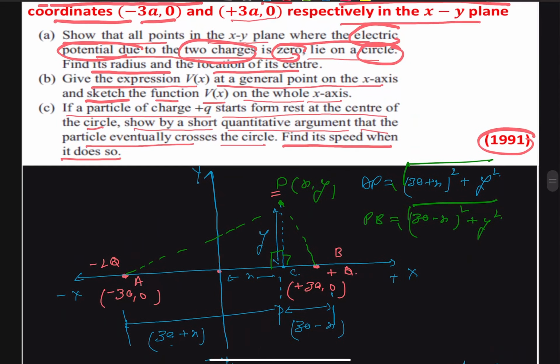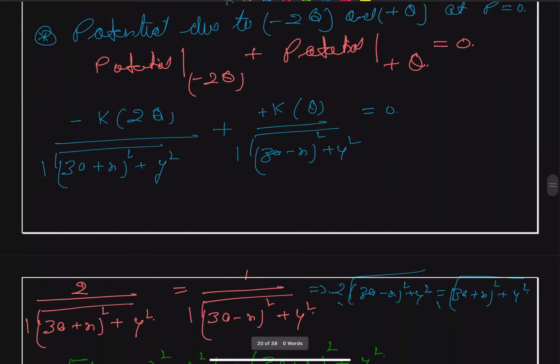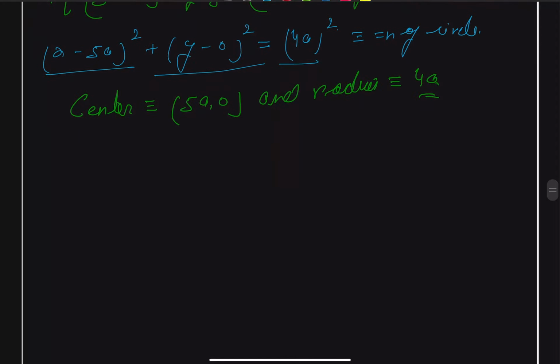So therefore part A we have sorted out, and we can just draw the required circle. The radius is our 4a, and the center is given to us as 5a, 0.